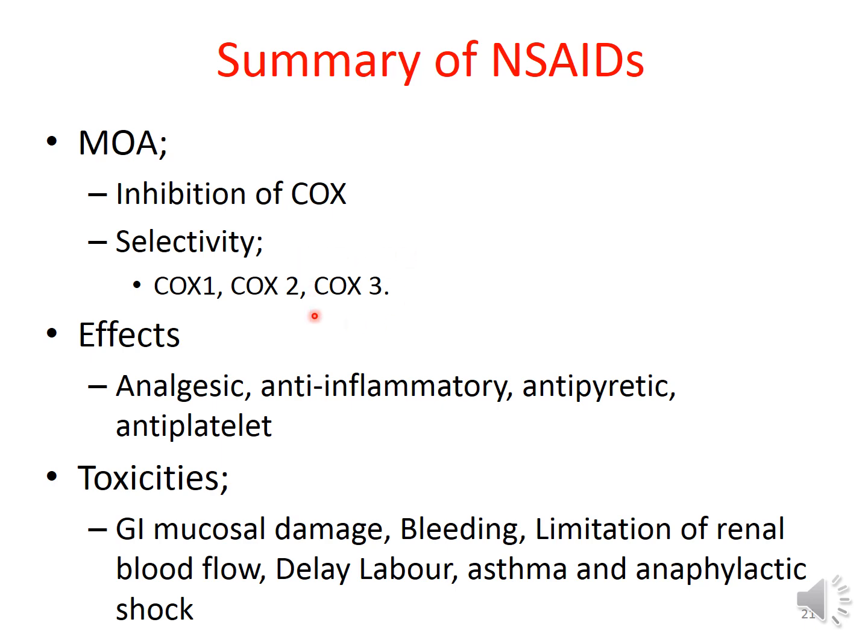COX-3 has more antipyretic action, while COX-1 is induced by a physiological response and leads to the production of prostaglandins, which are responsible for GIT protection and also platelet aggregation. So if you inhibit COX-1, it can lead to ulcer and bleeding.